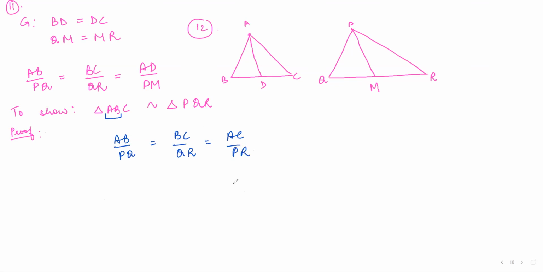Now, what is given to you? AB by PQ term is there, BC by QR term is there, only this term is different, AD by PM. If you somehow convert this AD by PM into AC by PR, you get the required thing. So we will proceed this way.